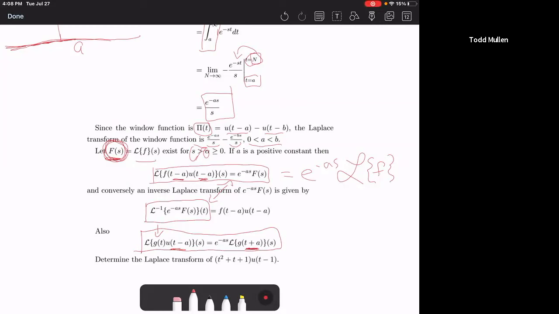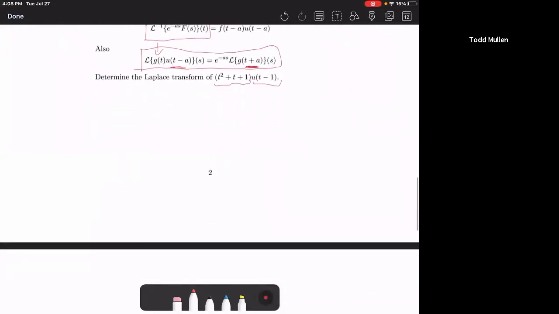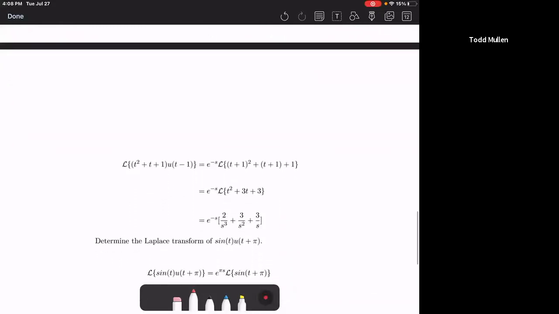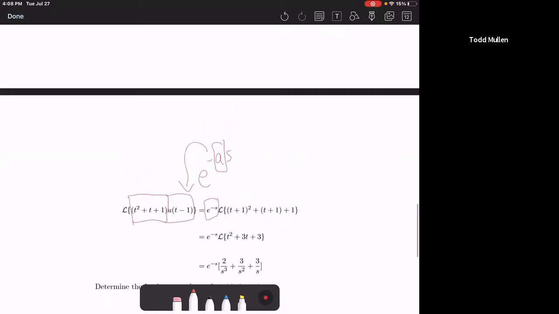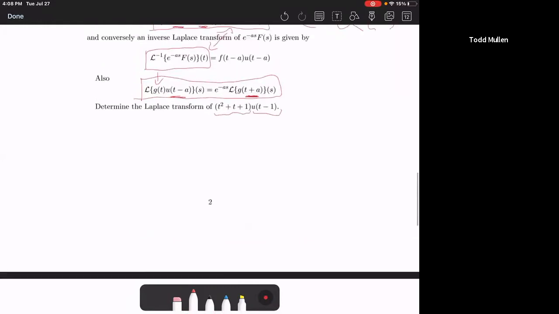Determine the Laplace transform of t squared plus t plus 1 times the unit step function of t minus 1. Well, this is some function g times some unit step t minus a. So we get e to the negative as, but a is just 1. So it's just e to the negative s times the Laplacian of, recall from up here, we have to shift our g function by a.